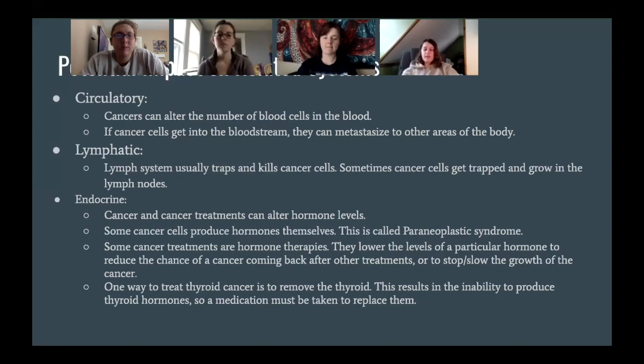They can usually take this after other treatments to prevent cancer. One way you can treat thyroid cancer is by removing the thyroid itself, but this results in the inability of the body to produce thyroid hormones, and so you have to take a medication to replace them.